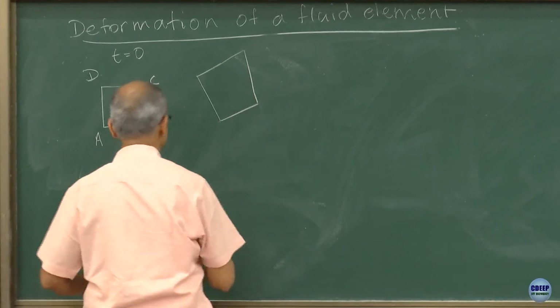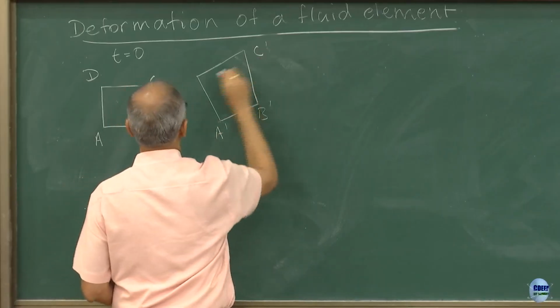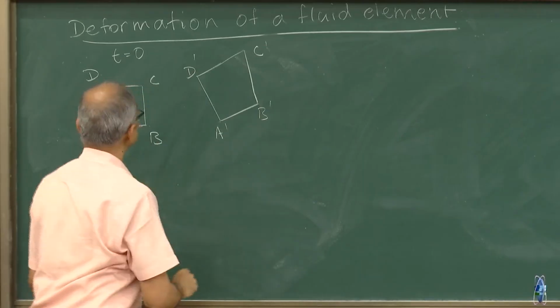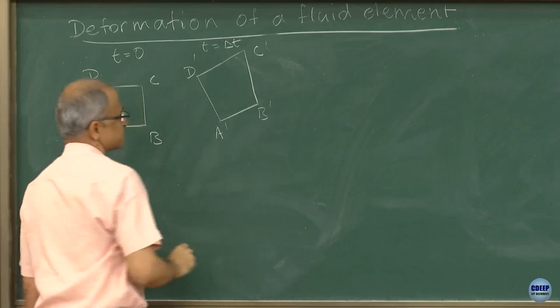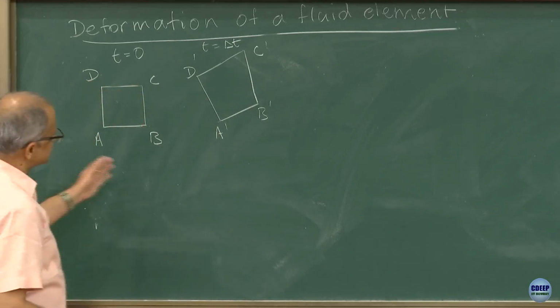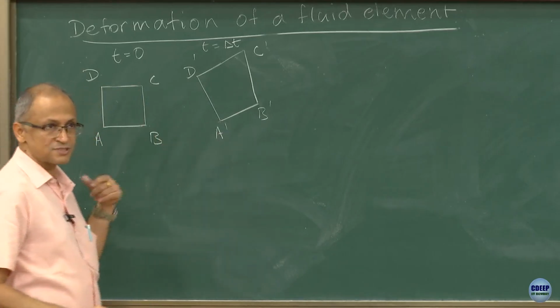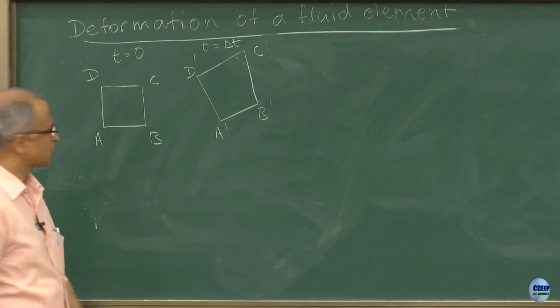A, B, C, D can become A prime, B prime, C prime, and D prime at time t equal to delta t. I'm interested in finding out all these displacements and seeing what is happening.